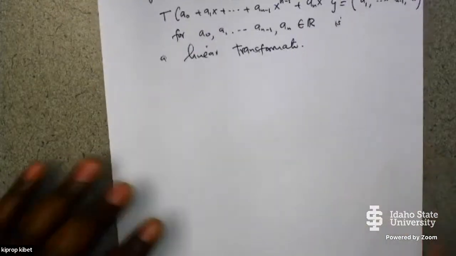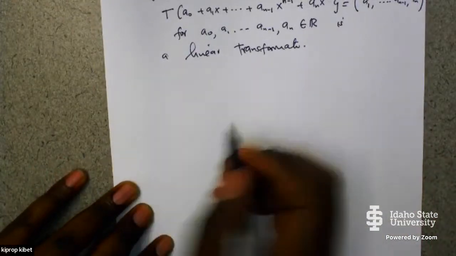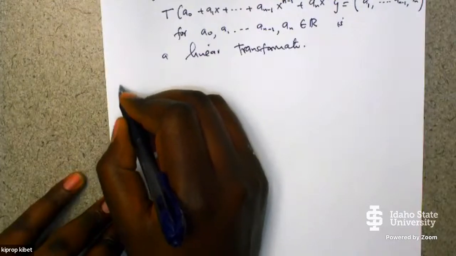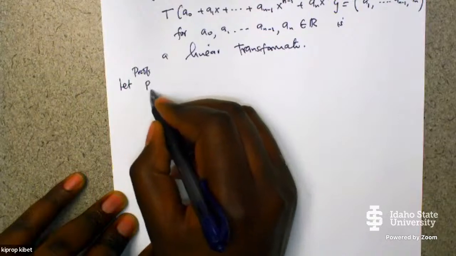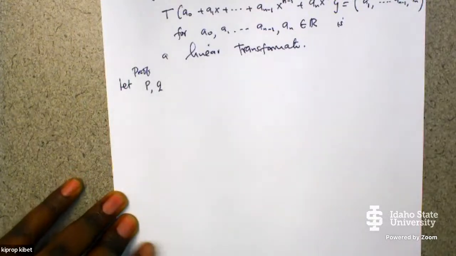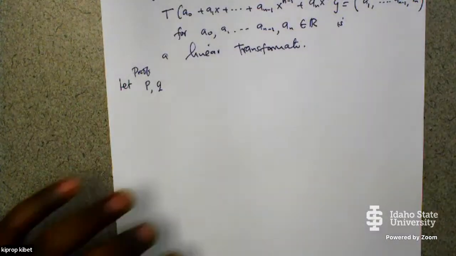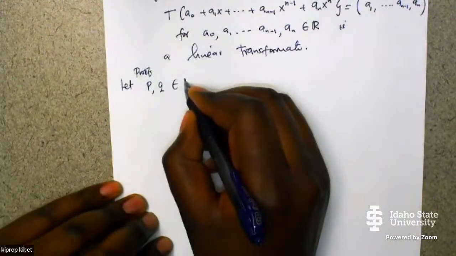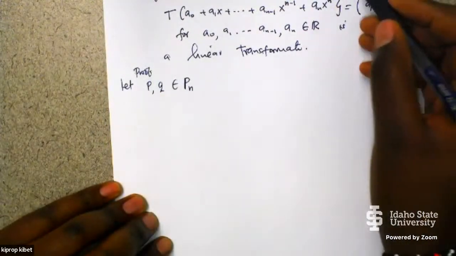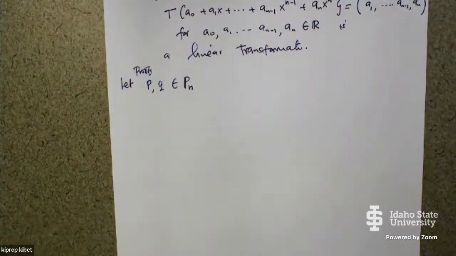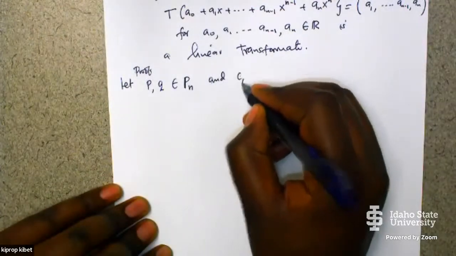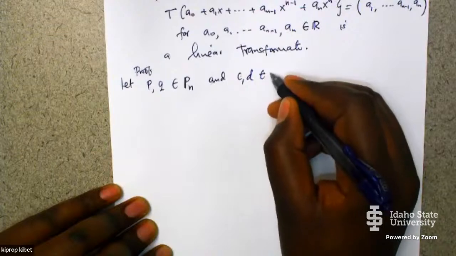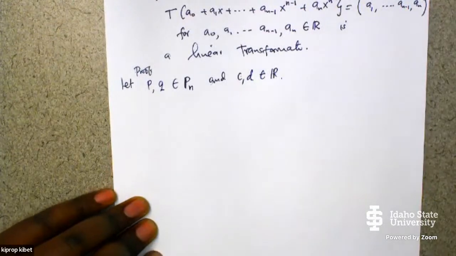So let's prove this. What you need to do is let P and Q, which are polynomials, be in our Pn, and C and D be elements of the real numbers.